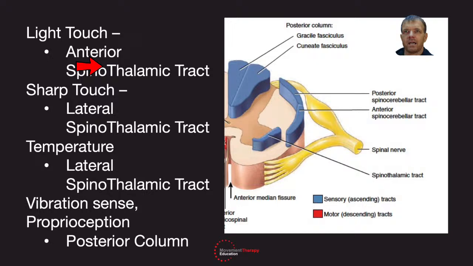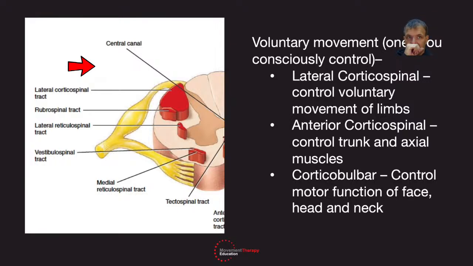Okay. So these are the elevators, if you like, that we're interested in when we're doing sensory testing for a neurological exam. I hope that makes sense if you've done those kind of things before.